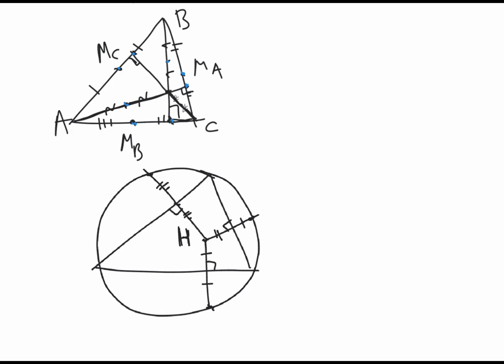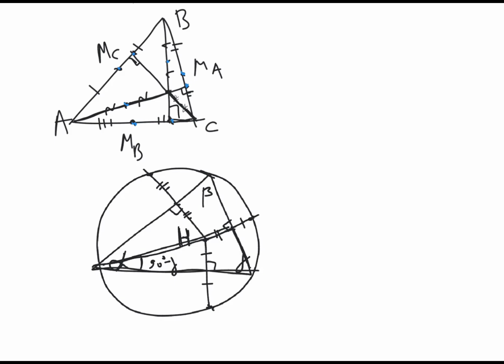So we just need to calculate the angles. This altitude, so we denote the angles of the triangle as alpha, beta, and gamma. Then this angle is equal to 90 degrees minus gamma, from this right triangle.